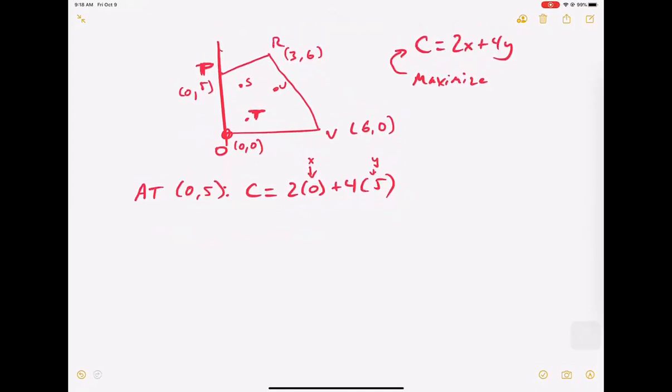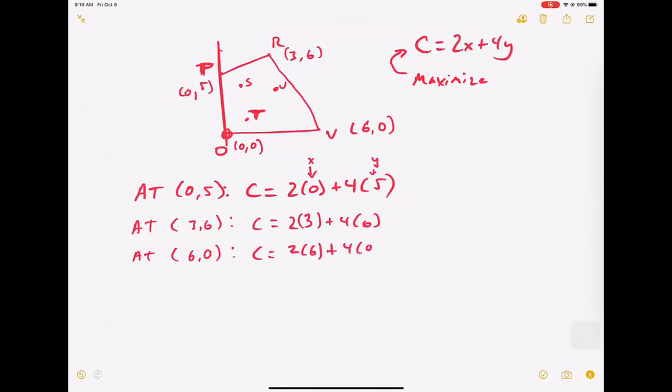So our next one is going to be at (3, 6). What would be our objective function? C equals 2 times 3 plus 4 times 6. And at (6, 0), C equals 2 times 6 plus 4 times 0.